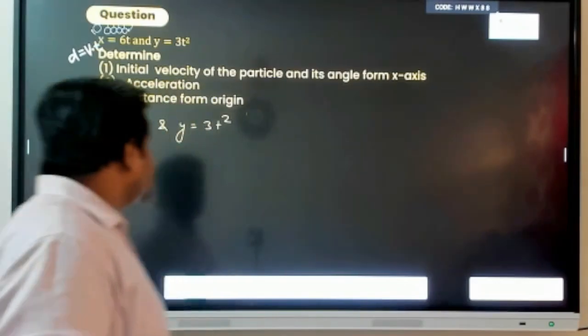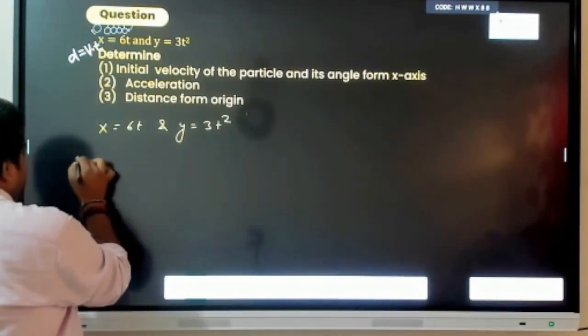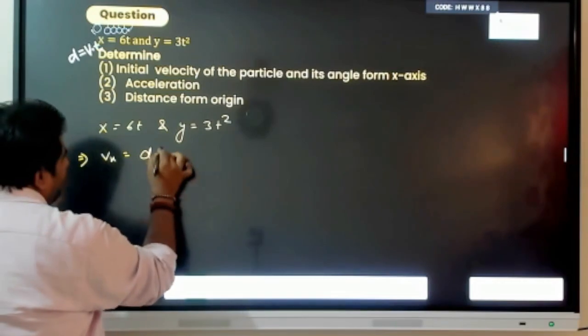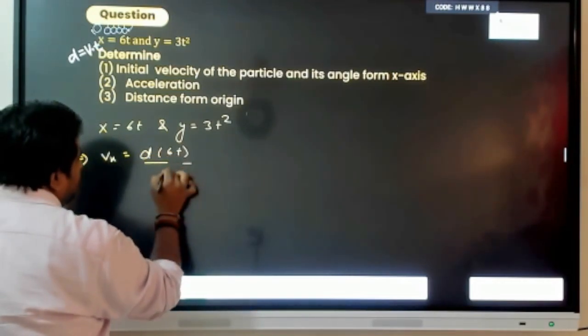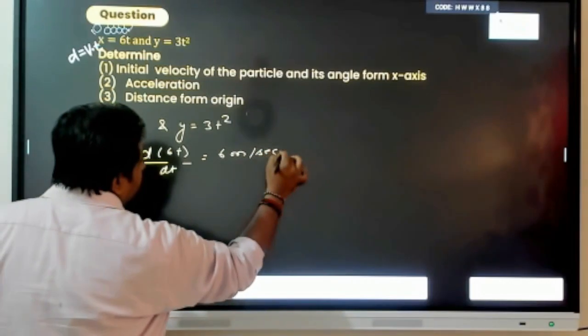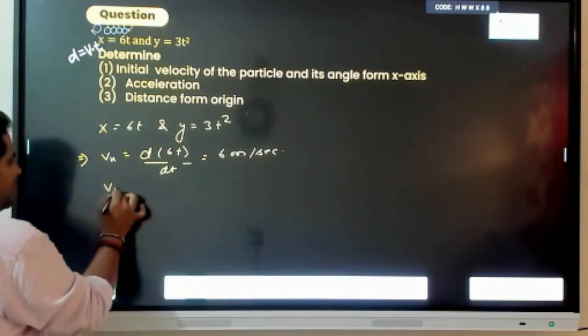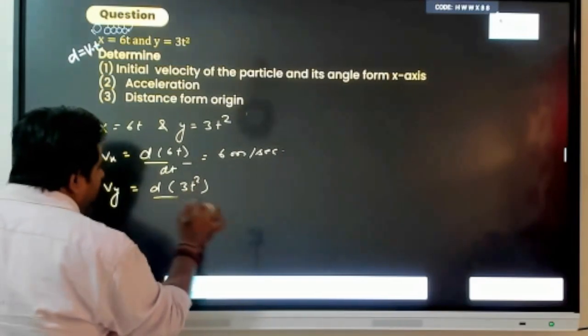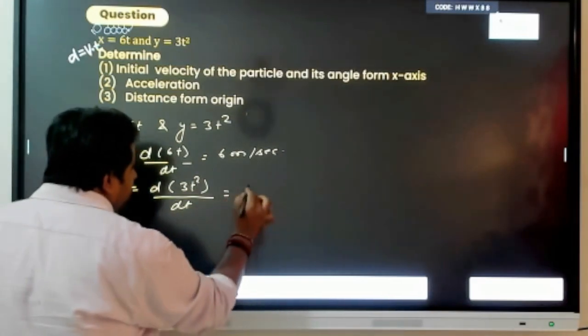So when t is equal to 0, you just differentiate first of all. This becomes Vx. Vx will be d of 6t upon dt, so it will give you 6 meter per second. Similarly, Vy will be d of 3t squared upon dt, so it will give you 6t.